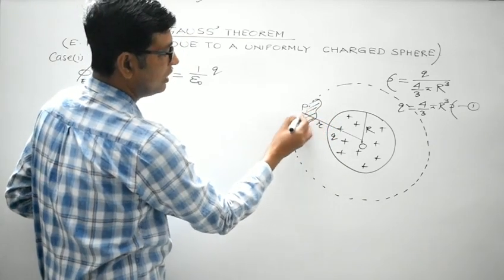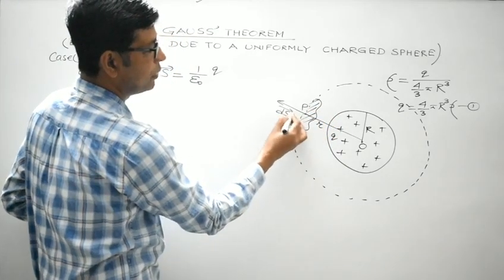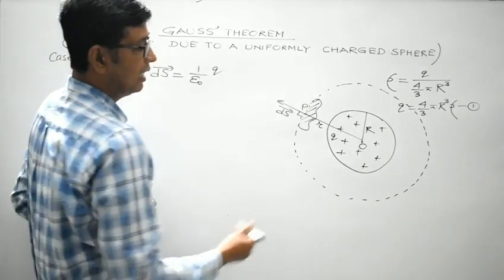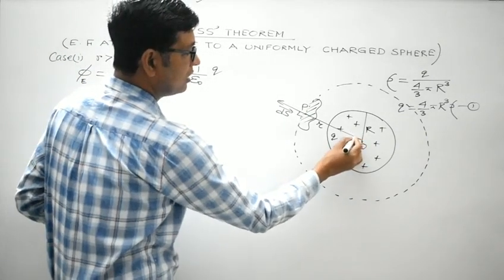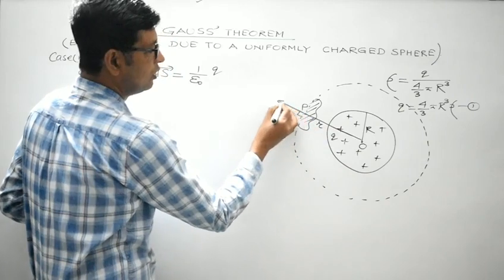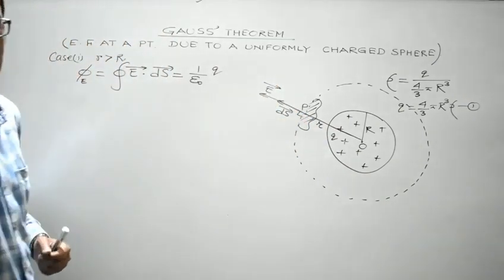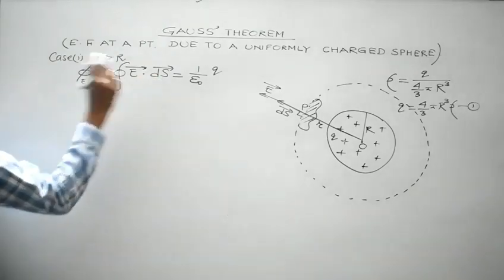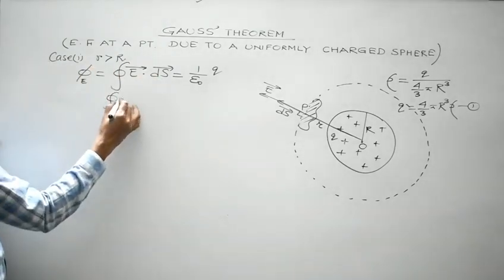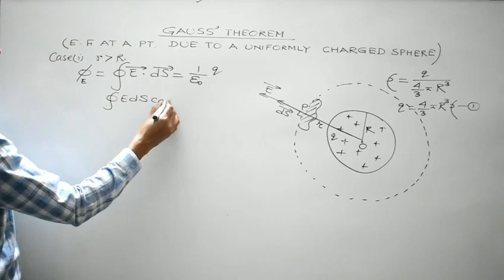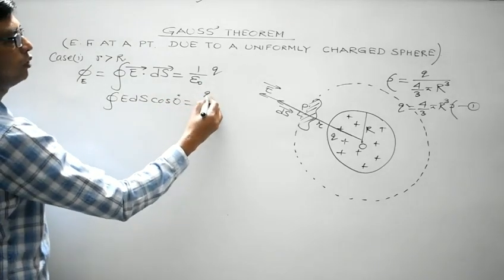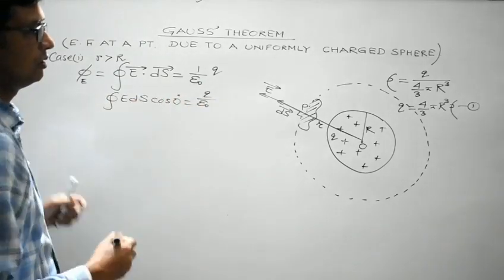Its area vector would be in the radially outward direction, perpendicular to the surface. And the electric field due to this positive charge would also be radially outward. So the electric field and the area vector are parallel, and the angle between them is 0 degrees. So we get the integral of E ds cos 0 equal to Q by epsilon.